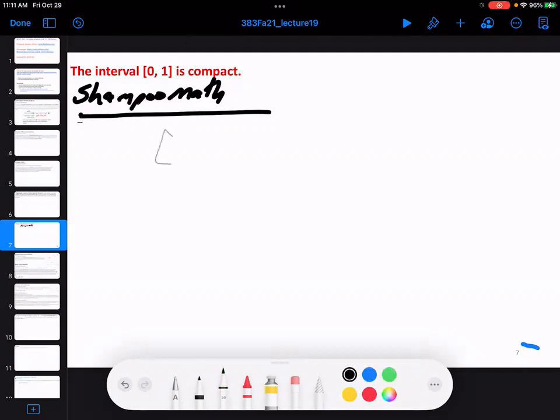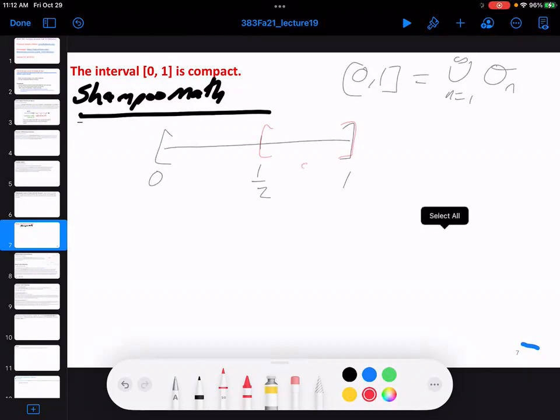So what we started with was we had 0, 1. We had the point 1/2. The interval 0, 1 could be written as a union, n goes from 1 to infinity, of the open sets O_n. And we kept looking. We said that it must be maybe infinite. We'll do infinitely many. And then we would look at maybe 1/2 to 3/4.